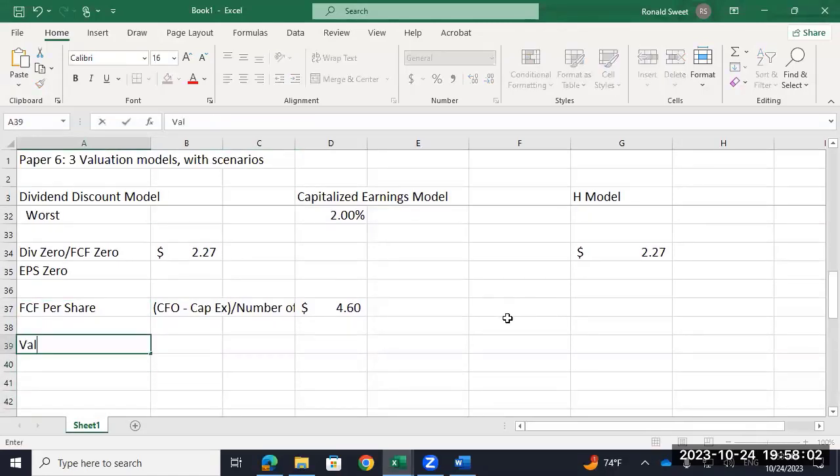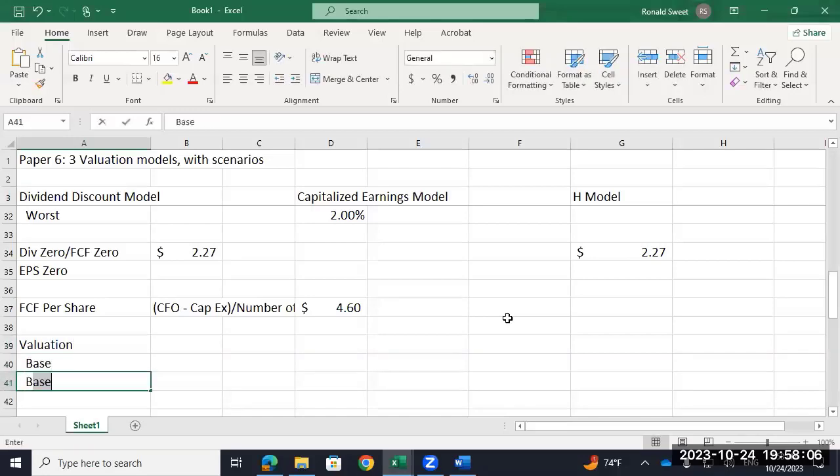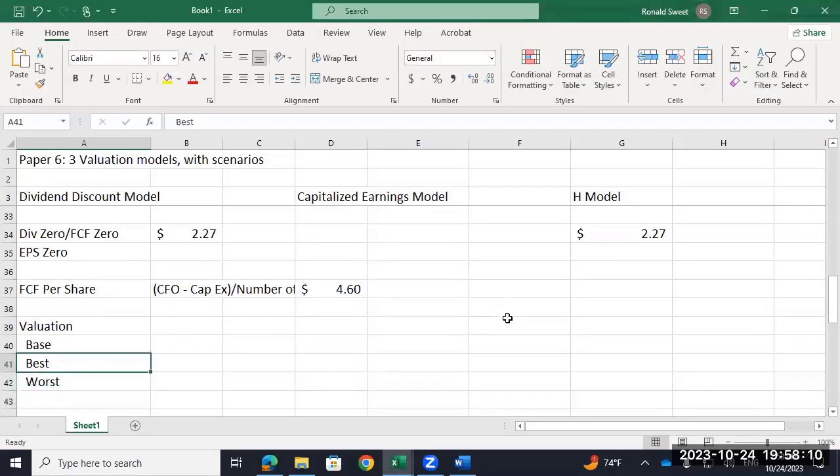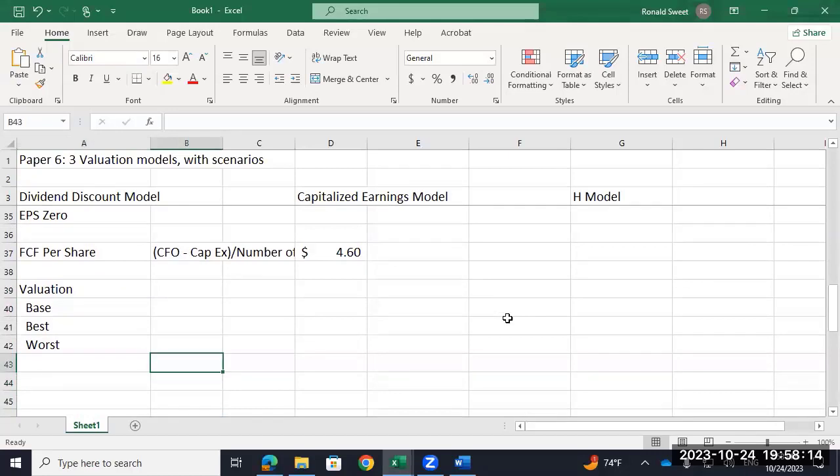So here's my valuation. So, dividend discount model. Anybody remember the formula? This is kind of a basic formula. Long-term growth.